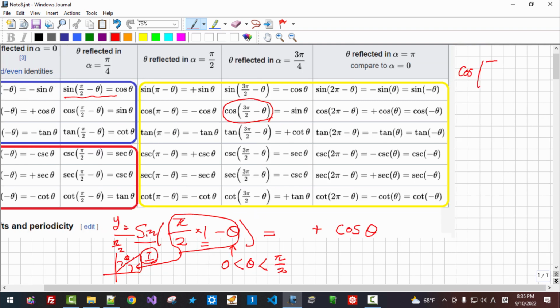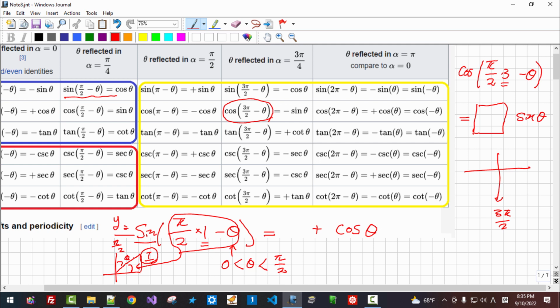In this case, cosine of pi over 2 times 3 minus theta, 3 is odd, so it should be sine theta. We have to determine the sign. This is 3 pi over 2.